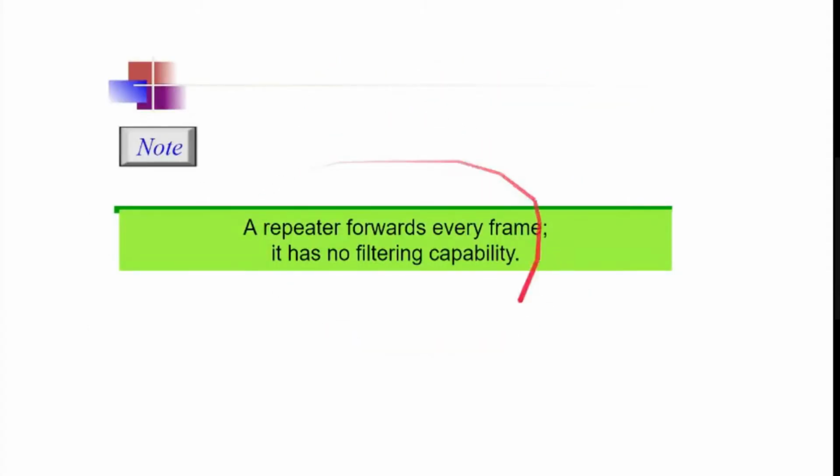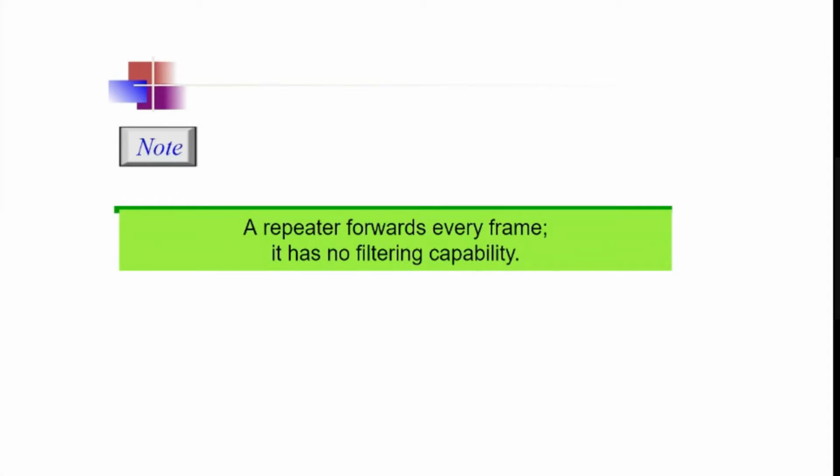Before that, let me give a note. The repeater forwards every frame, and it has no filtering capacity. Of course, because repeaters cannot filter any kind of signal.